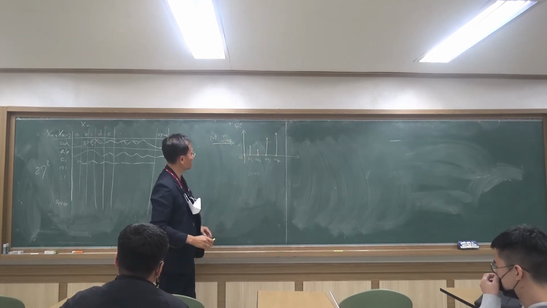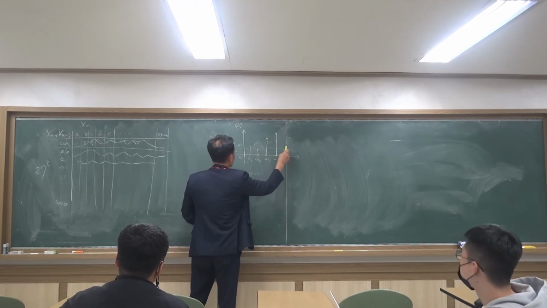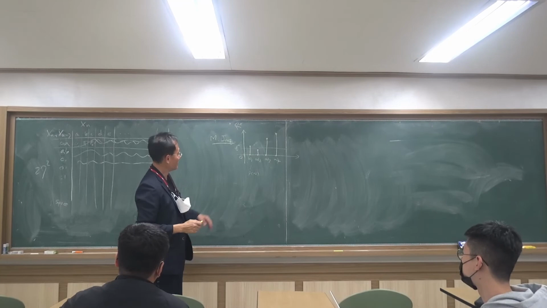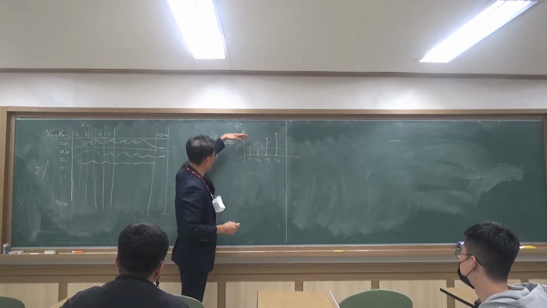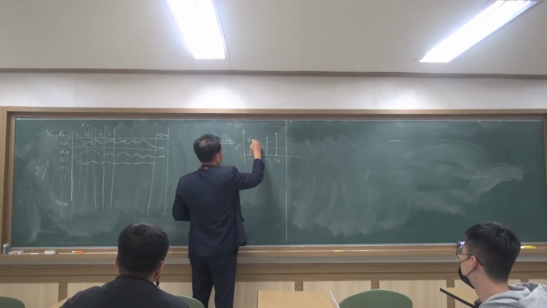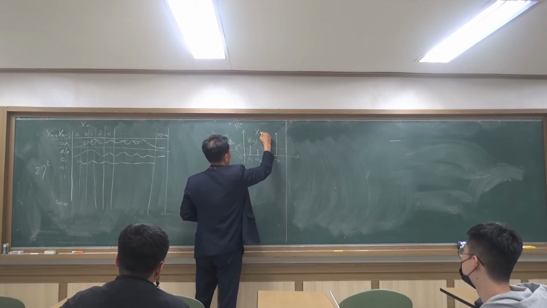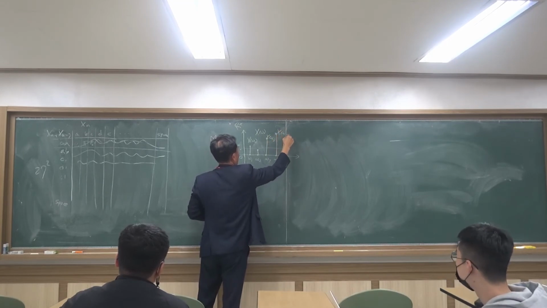So probability is given. And then we can consider, let's say, a number t. These outcomes we can call X(omega 1), X(omega 2), X(omega 3), X(omega 4), right?